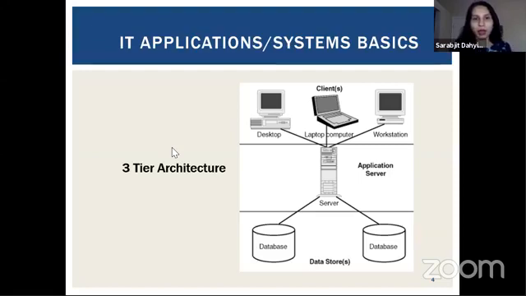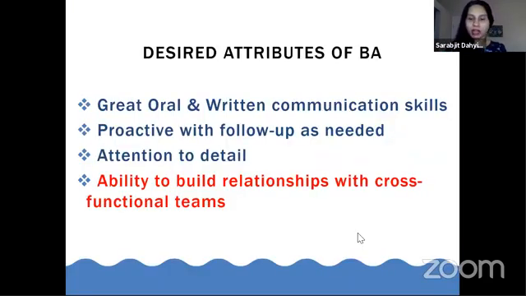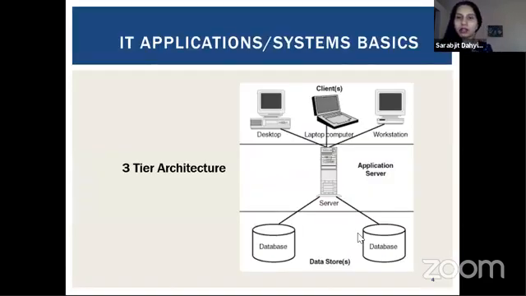This is a 3-tier architecture. There's an N-tier architecture as well, meaning there are many different nodes similar to this for applications or systems you may be working on. But if you get the basic understanding of what the systems look like, I think you'll have an easier time understanding what your role is.